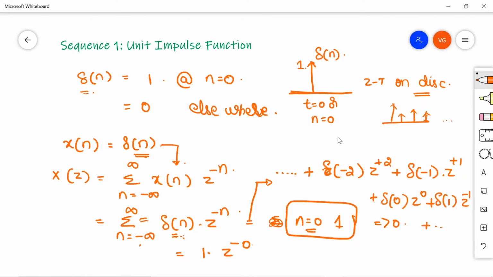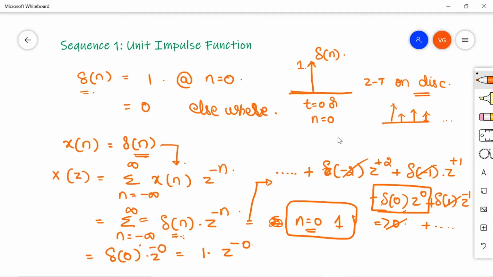So like this we will expand. If you see here, only this part is defined. Only this term exists. Elsewhere the del function is 0. So this summation will lead to only del of 0 multiplied by z power 0.